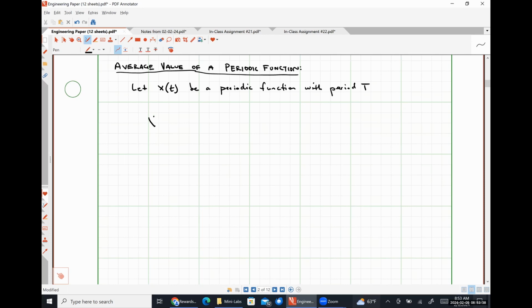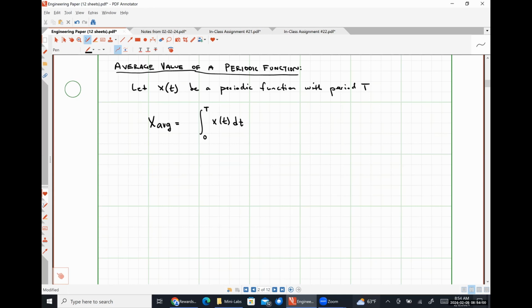The average value of x, which I'm going to denote as capital X average, is going to be the integral over exactly one period of our periodic function x of t.